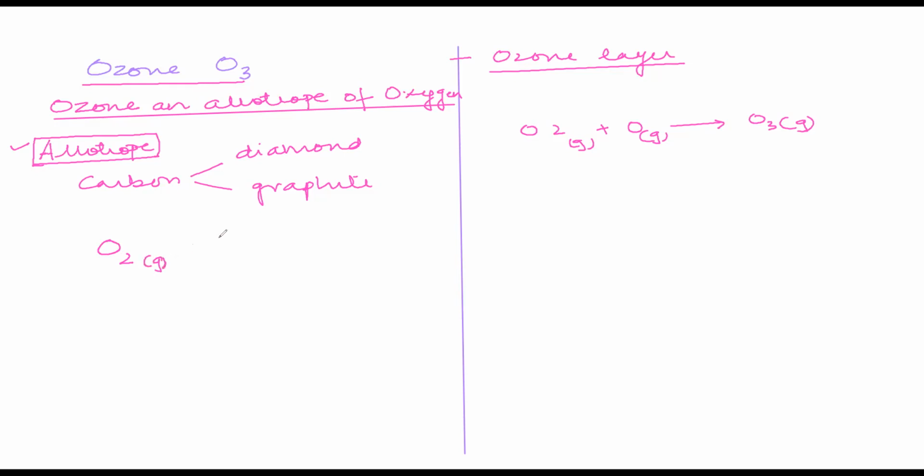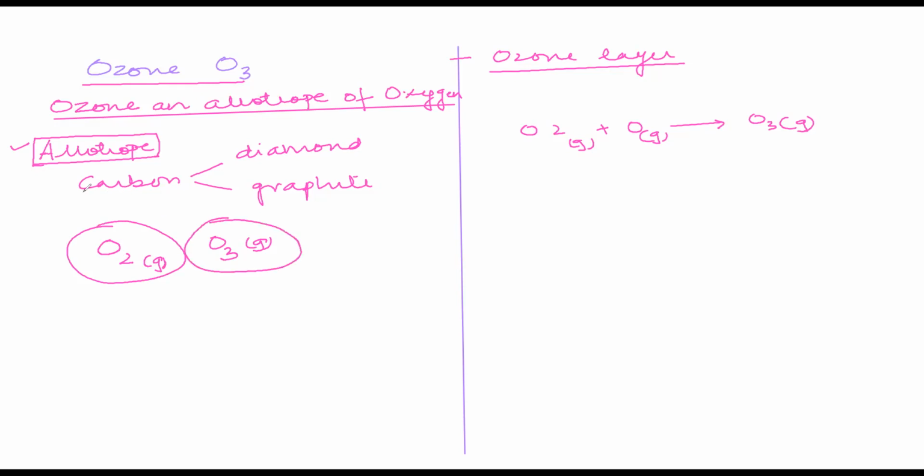Similarly, if three oxygen atoms combine together, they give you another structural form of oxygen, which is again in the same state. So oxygen can exist as O2 and as O3 remaining in the same state. Such forms are known as allotropic forms.